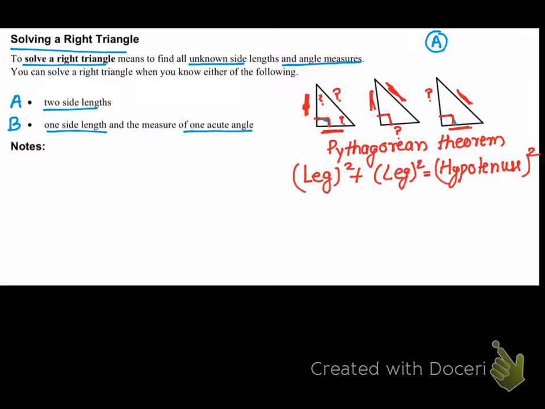How to do it? Just use any of your favorite trigonometric ratios. You can use tangent or cosine or sine, and take the inverse.